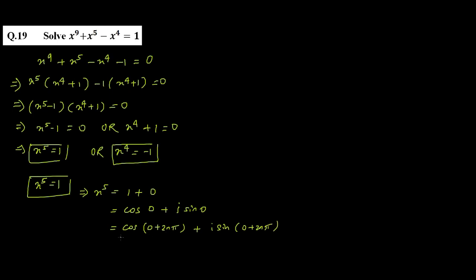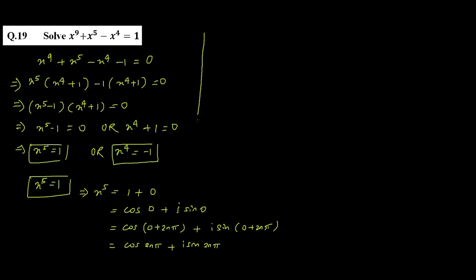If you put it, you will get the same value, that is 1. And if you put sine (0 plus 2n pi), whatever integer n you put, you will get 0. That means, I can write this as cos 2n pi plus iota sine 2n pi. Okay, this is my x to the power 5.